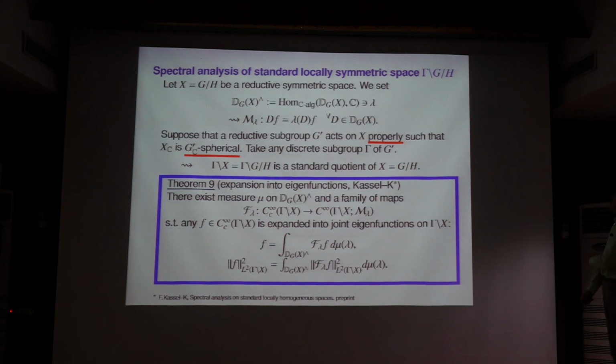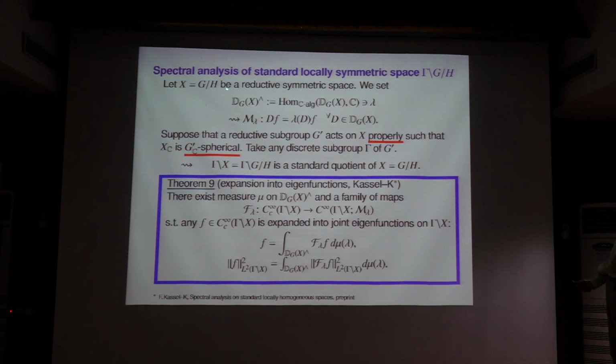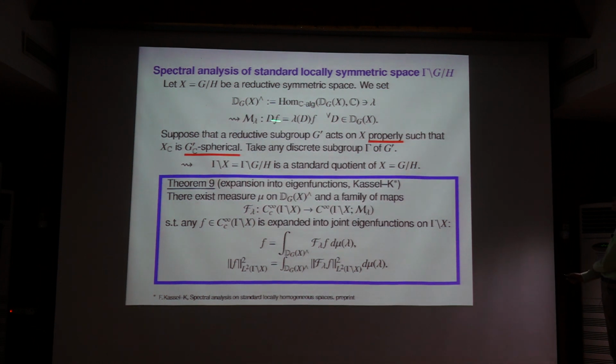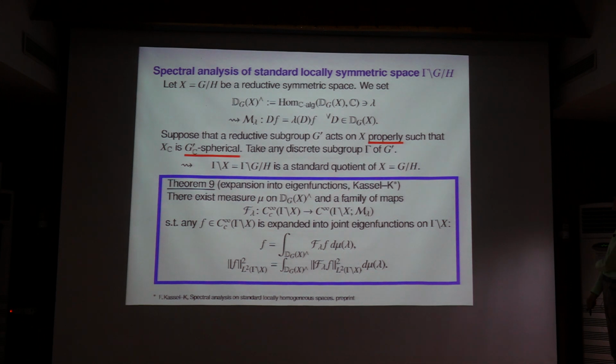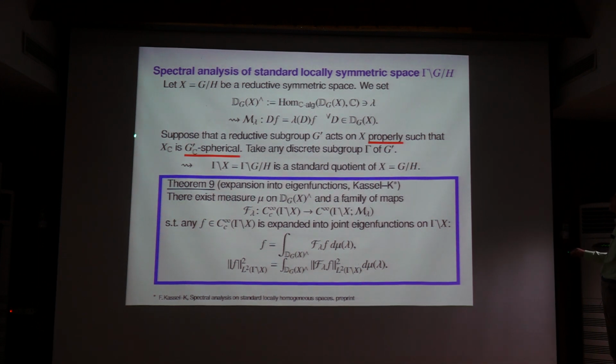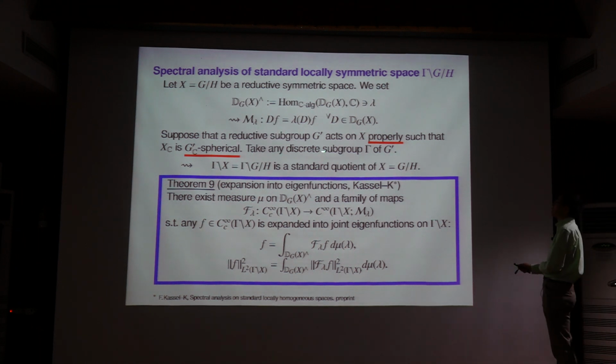Then here is a theorem, in a preprint with Fanny Kassel. Let Z mod H be a reductive symmetric space. And then by the Harish-Chandra isomorphism, we consider joint eigenfunctions of the invariant differential operators. Suppose that another reductive subgroup Z′ acts properly on the symmetric space Z mod H, and also acts spherically. In such a case, we take an arbitrary discrete subgroup Γ of Z′.